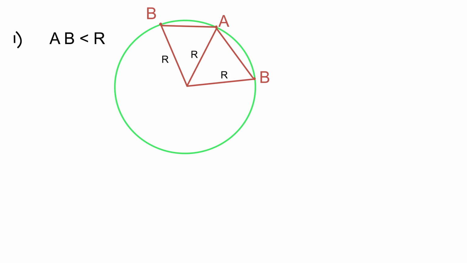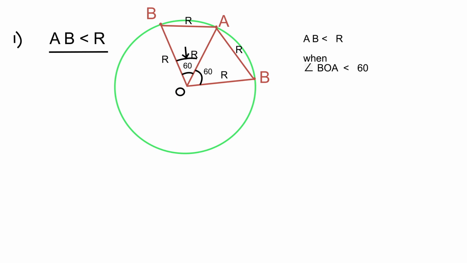AB will be exactly equal to R when this angle is 60 degrees. That angle is also 60 degrees. As you can see that, because that makes it an equilateral triangle. AB will be less than R when this angle is less than 60 degrees. So written out, AB is less than R when angle BOA is less than 60 degrees.